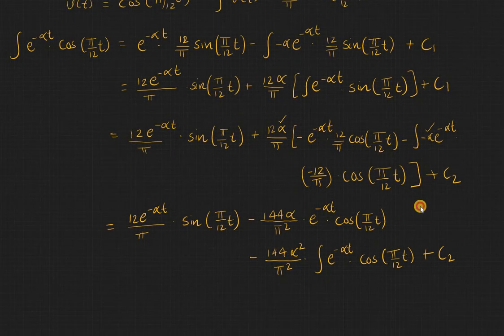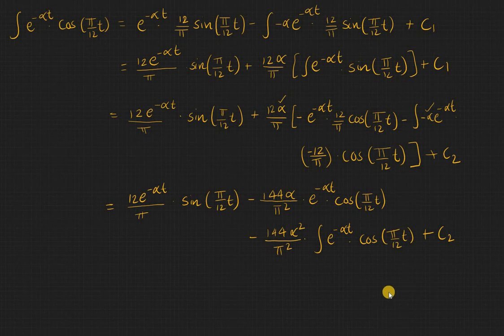Okay, so now as you can see, we have this particular term on the right hand side of the equation, and we have the same term on the left hand side of the equation as well.